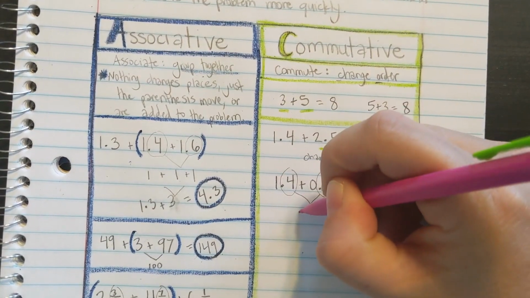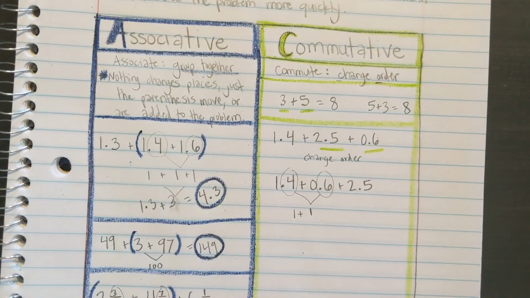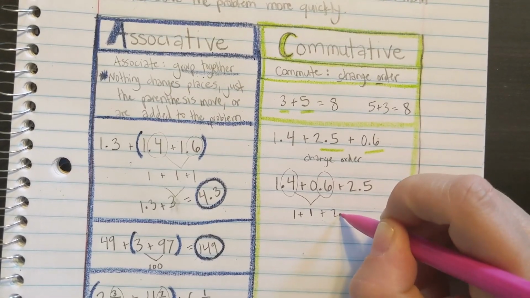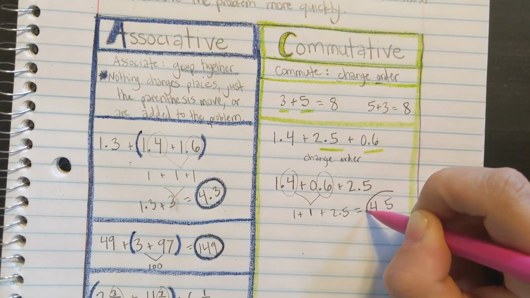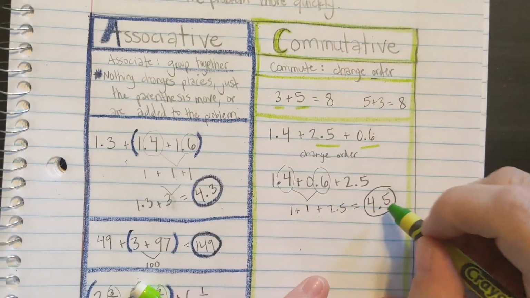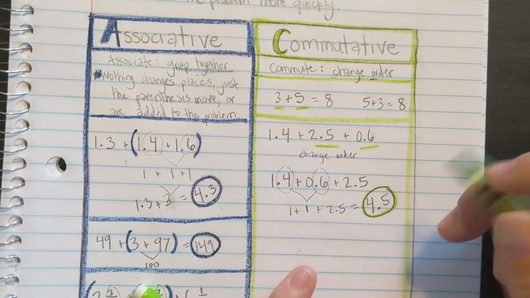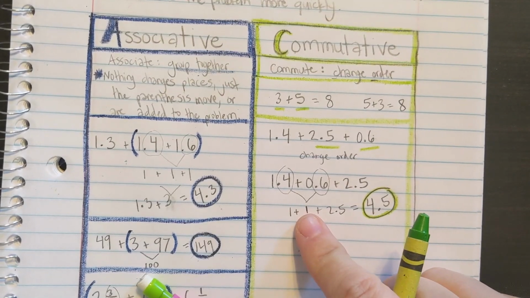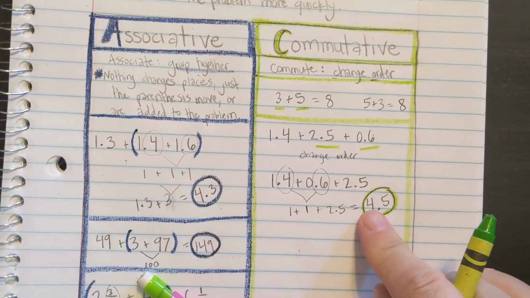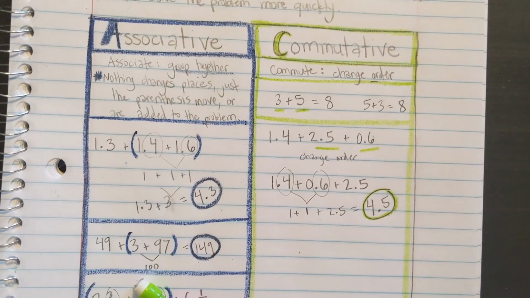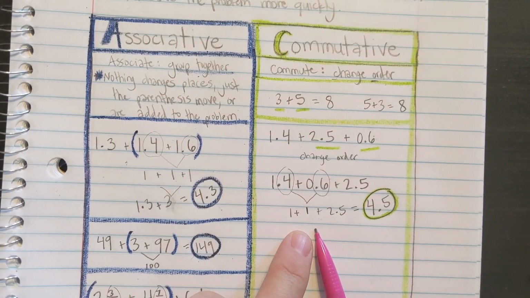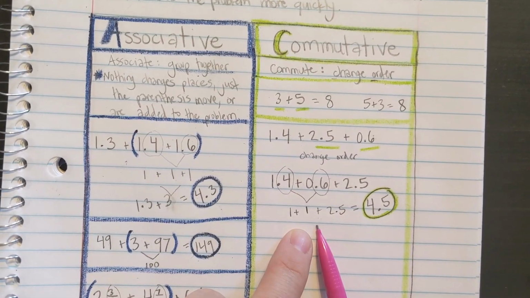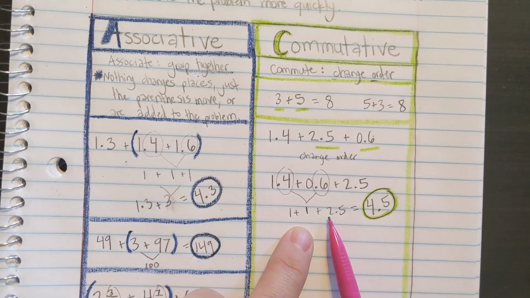And 1 plus the 1 plus the 2.5 is 4.5. Make sure you understand how I got 4.5. Could you explain it? 1 plus 1 is 2, and 2 plus 2.5 is 4.5. So again, that was an example of using decimals and changing the order in order to make the problem mental math. Kind of nice.